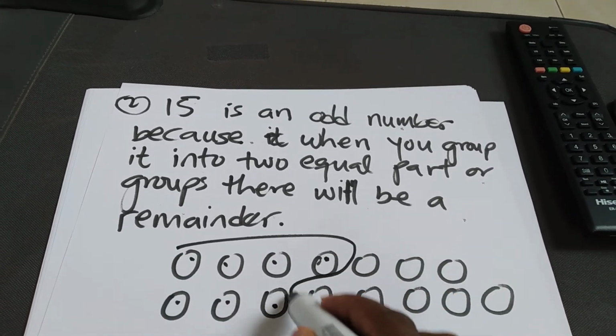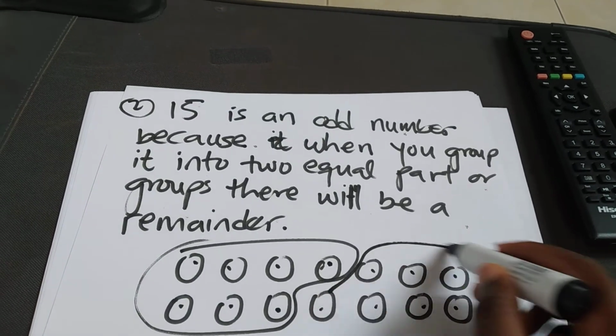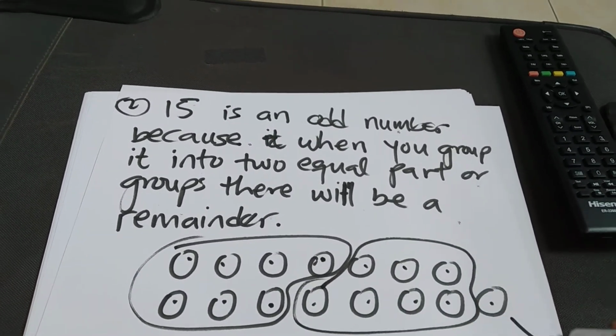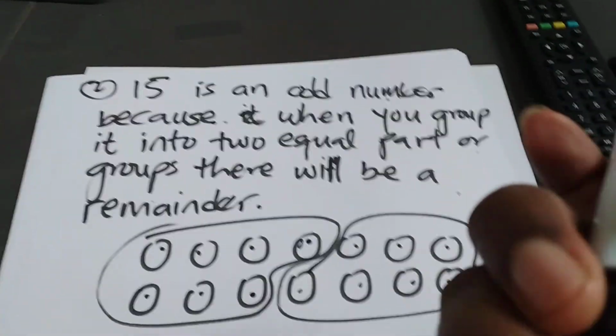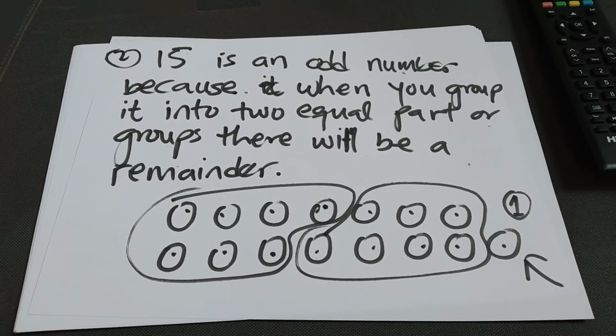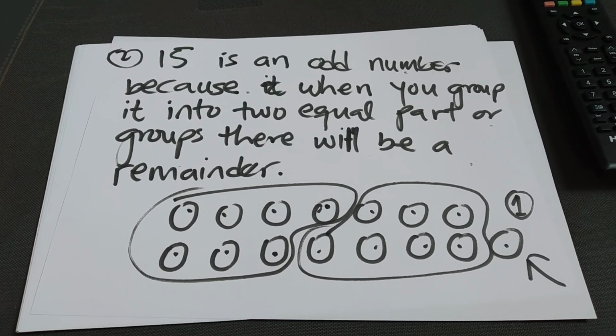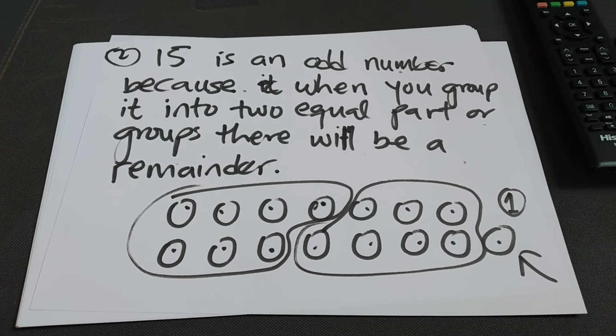So this is our first. 1, 2, 3, 4, 5, 6, 7. This is our next group. But look, there is a remainder. Remainder what? 1. So it means that 15 is an odd number. Whenever you divide 15 into 2 equal groups, you will get a remainder at the back. You cannot get 2 equal groups without a remainder.